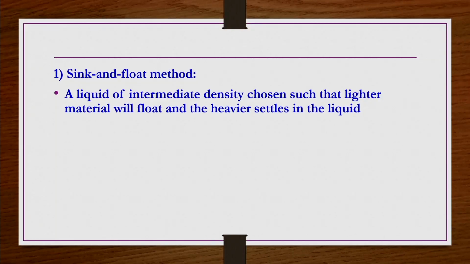In sink and float method, a liquid of intermediate density is chosen such that lighter material will float and the heavier settles in the liquid. You take a mixture of solid particles of nature A and B, material A, material B you have taken, their densities are very different. One is, let us say, heavier material, something like 2500 kg per meter cube having the density.